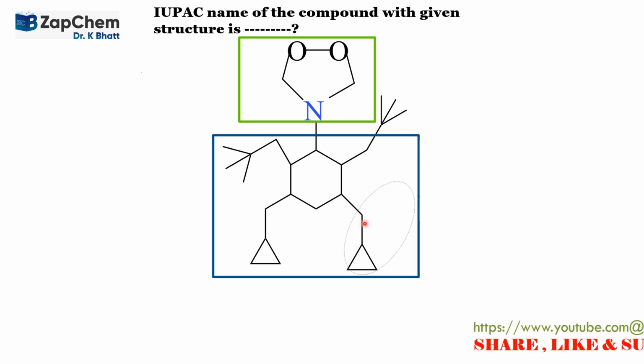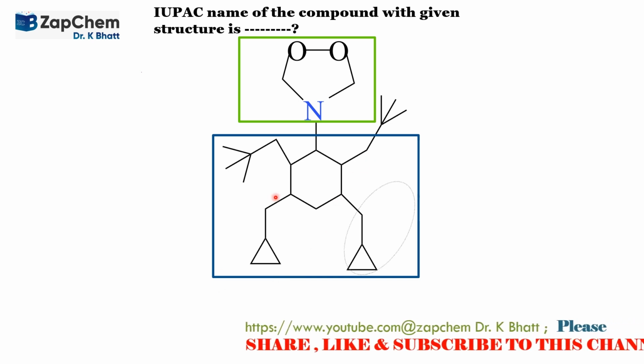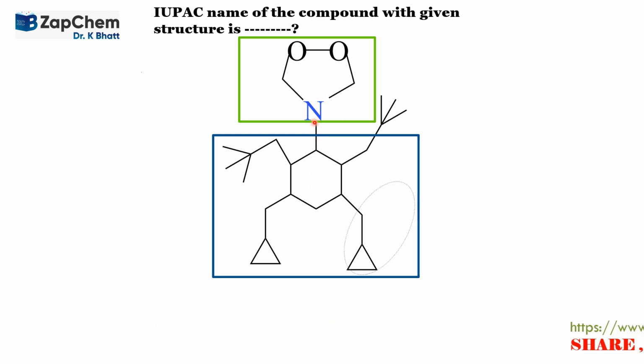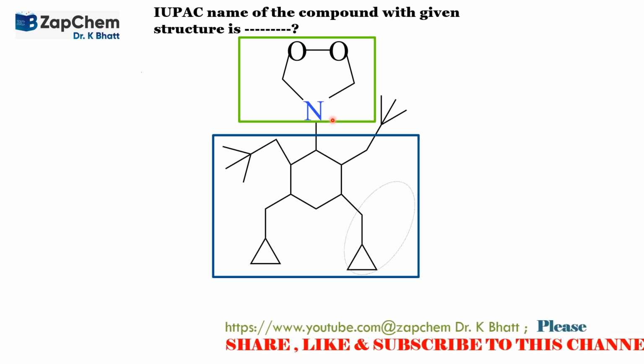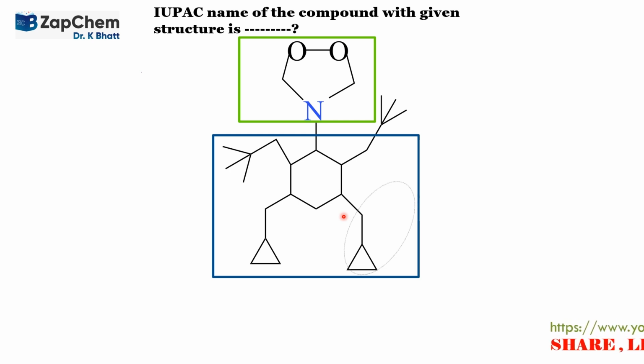We have to find out the different substituents, their positions in the hexagonal ring, as well as name the upper ring, that is the heterogeneous ring. Now let us proceed to name the hexagonal ring.